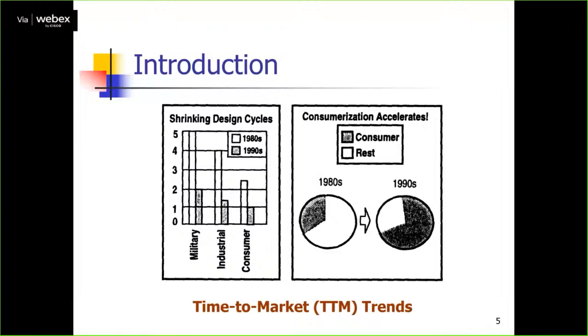Nowadays it occupies all the 360 parameters, and the rest will be very less and the consumer will be very more. So that's what I told. In that consumer, 60 to 70% is only medical consumer electronics or medical and consumer parameters. Other things will be very less.